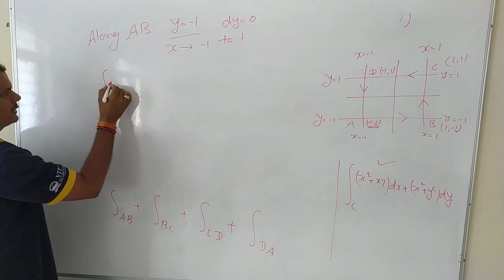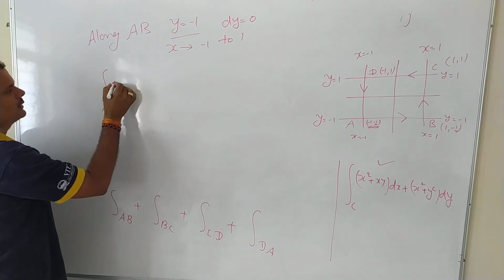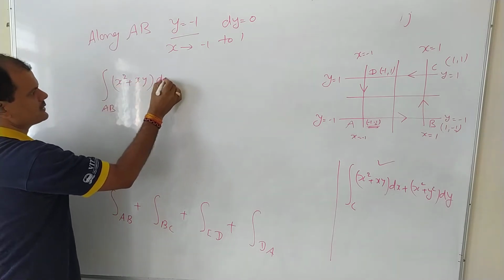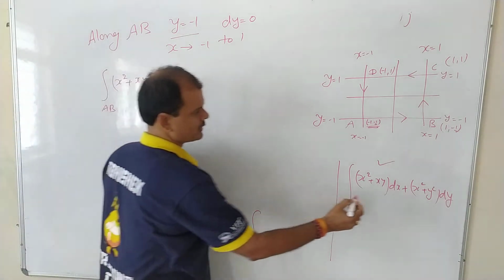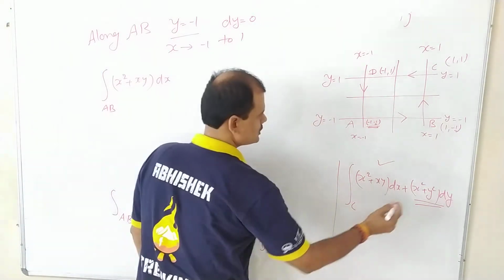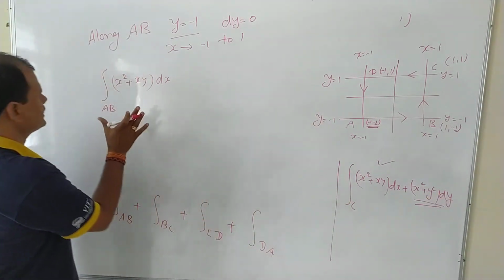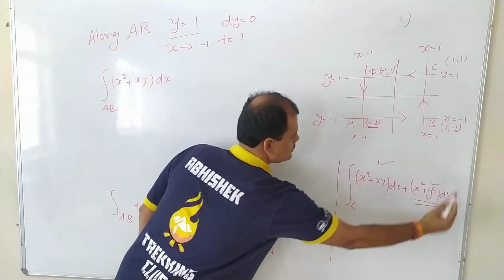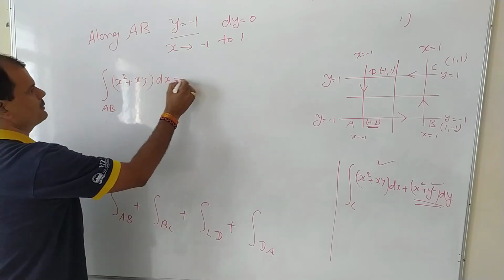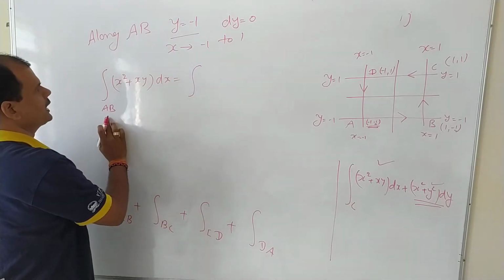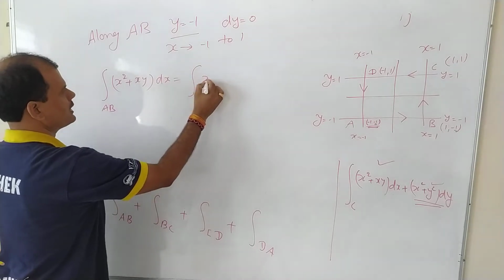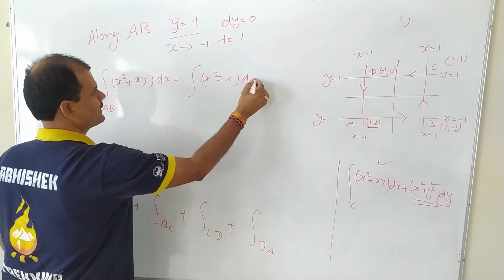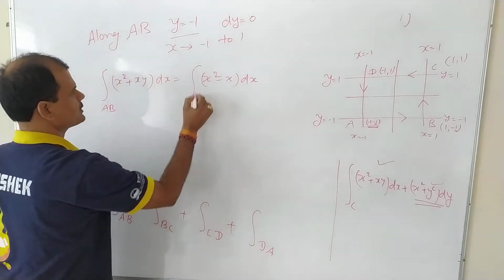So this integral along AB will be x square plus xy dx, and dy is 0 along AB, so we put 0 for that term. Along AB, x square and y equal to -1, so we get x square minus x dx, and the x limit is from -1 to 1.